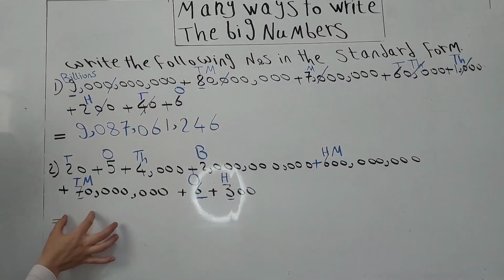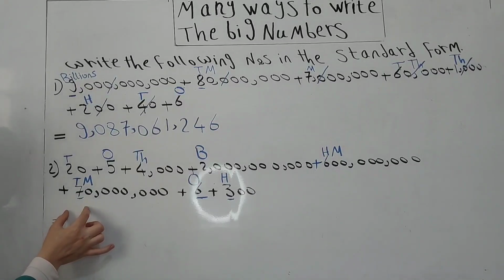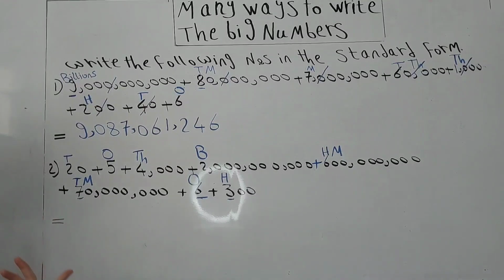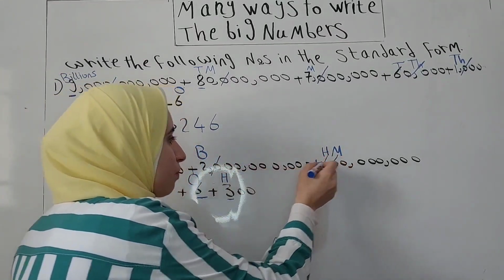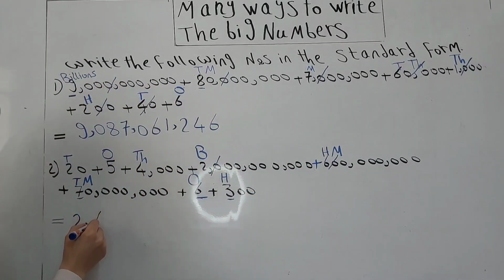Now we start from the left and write the digit in the highest place. Which digit? We have billions, so we write 2. We finish this family, so we make commas. The next higher place is hundred millions. We found 6, so we write 6.